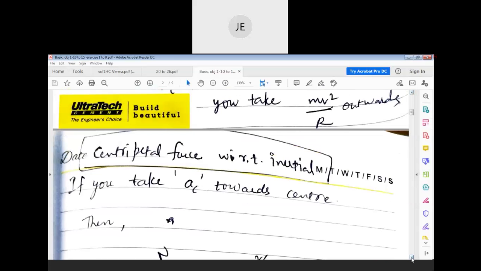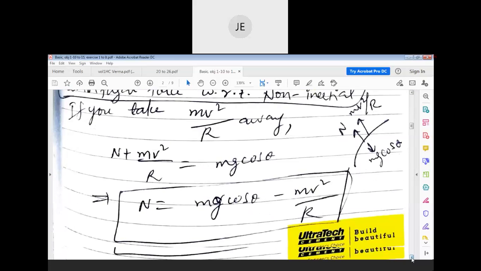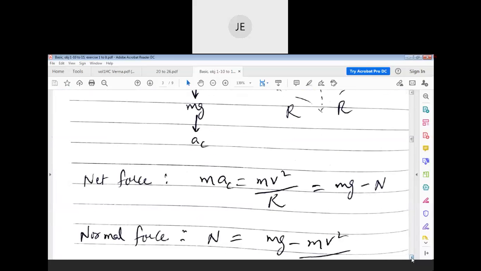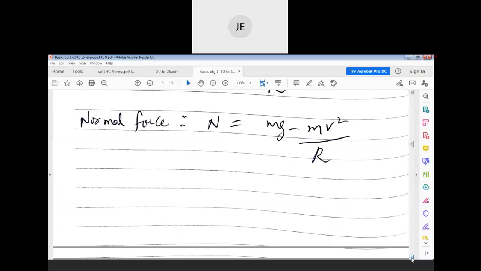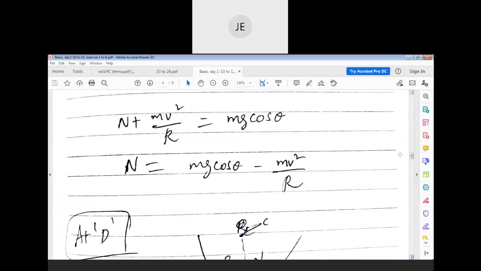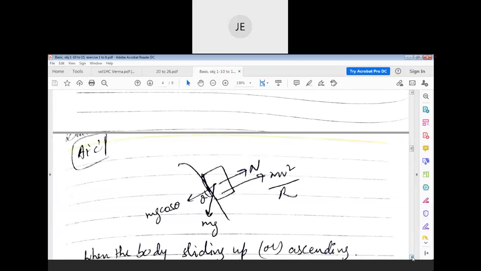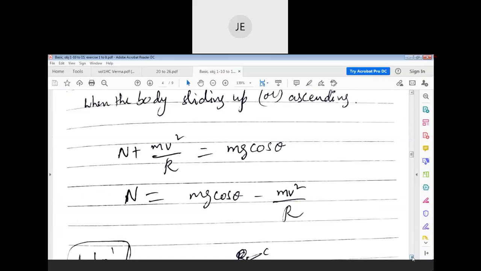That means after C, the expression is mg cos theta minus mv square by r. Sliding up, mg cos theta minus mv square by r.